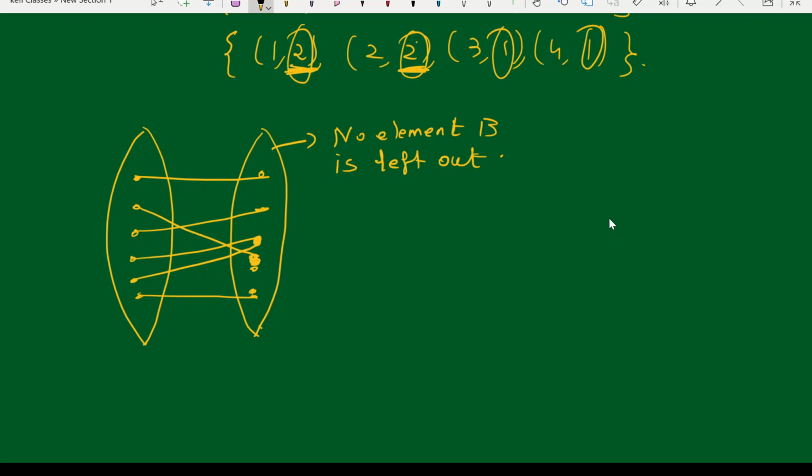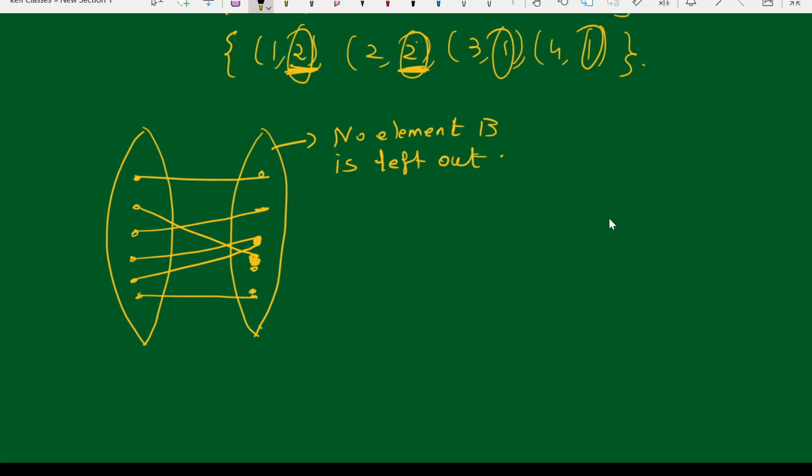Okay? Or we say, technical language will be, there is no element in B which does not have a pre-image in A. So हर एक element का pre-image है.